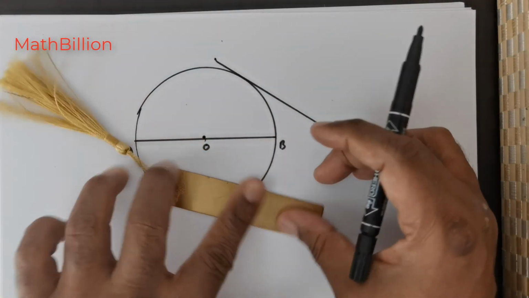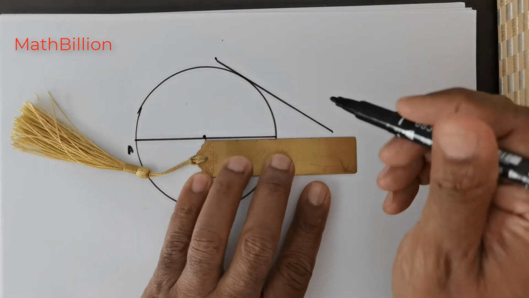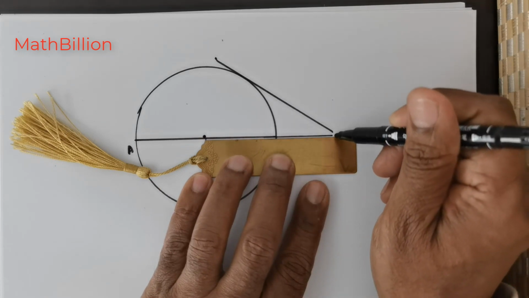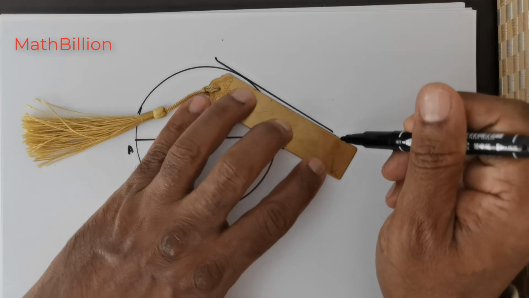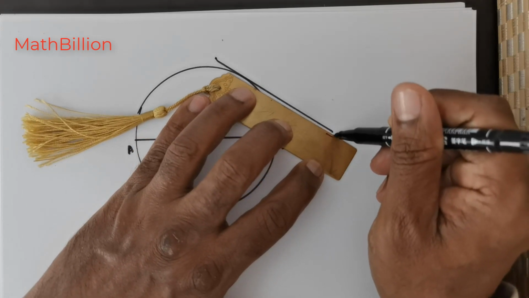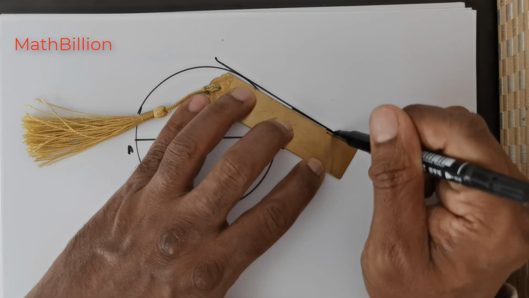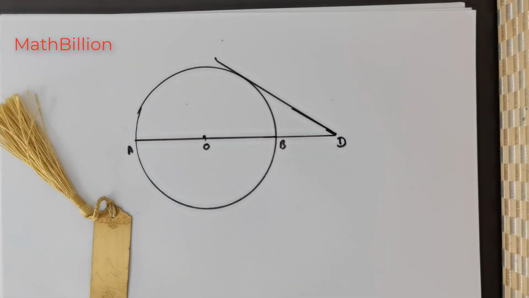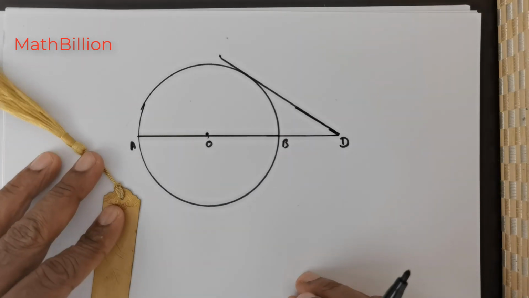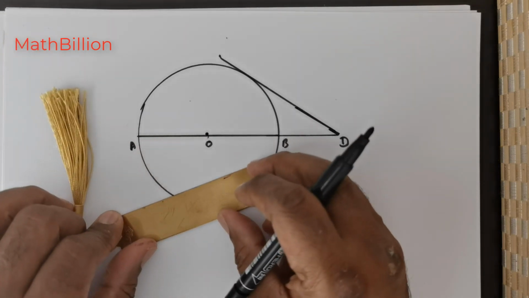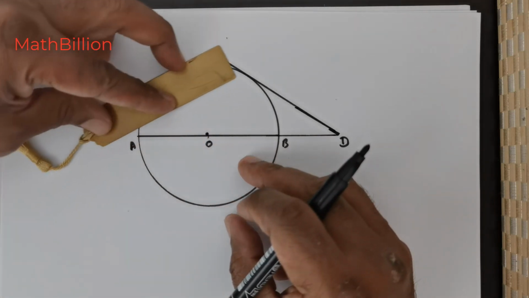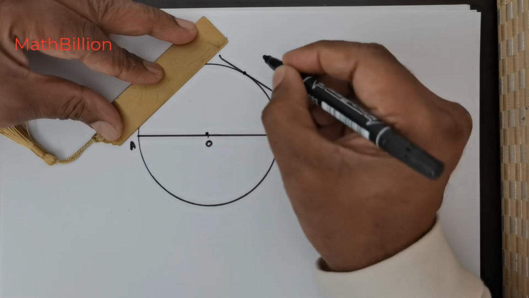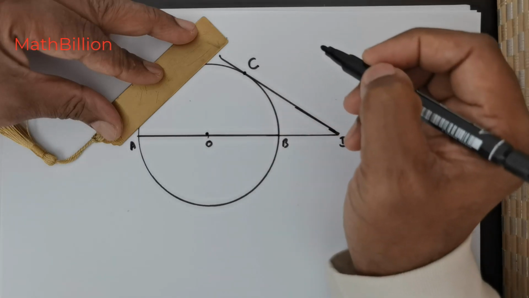The tangent line is intersecting the extended line AB at this point D. Now there is a line at this point of tangency BC.